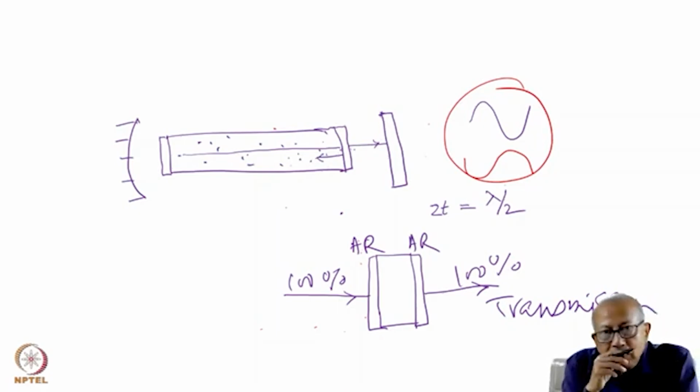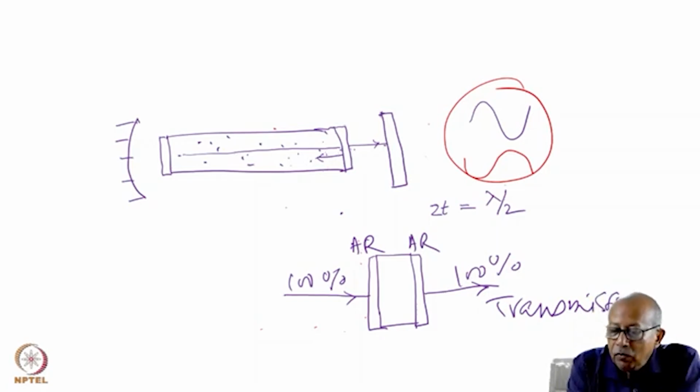Now this 8% which is reflected will be just lost. And then when it comes back, again 8% will be reflected, which will be lost.